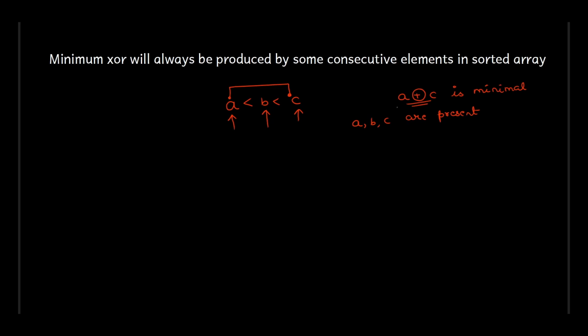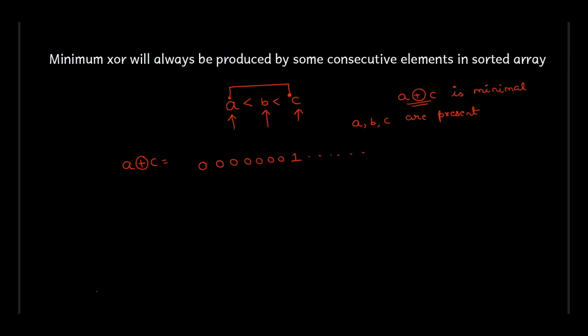Now, if A XOR C is producing the minimal XOR, then let's look at the bitwise representation of A XOR C. It will have some leading zeros, and after that it will have 1 at some point, and then it will have something, we don't know what.